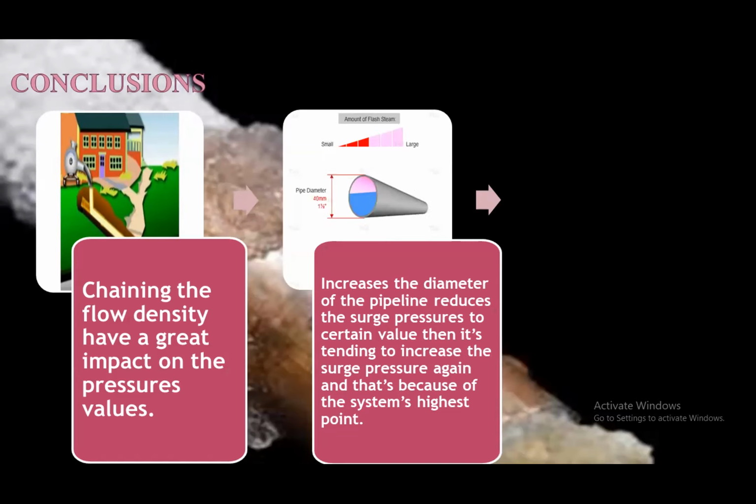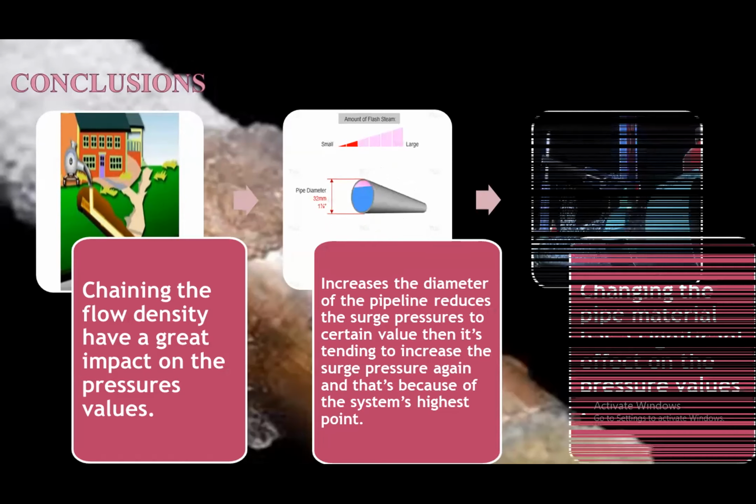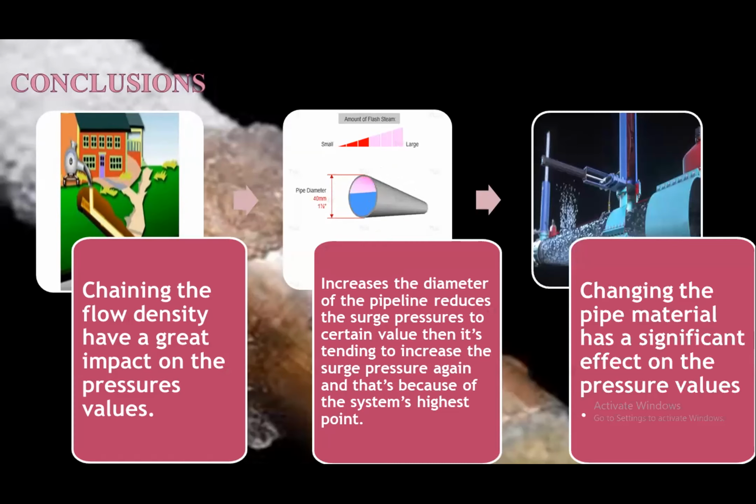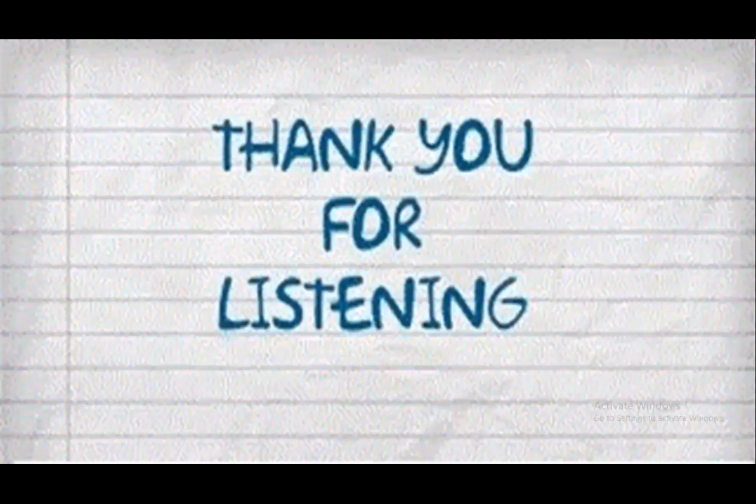After that, it will increase the pressures due to the increase of the water column in the pipeline system. And of course, changing the pipe material has a significant effect on the pressure values, as I said before. And thank you for listening. Any questions?